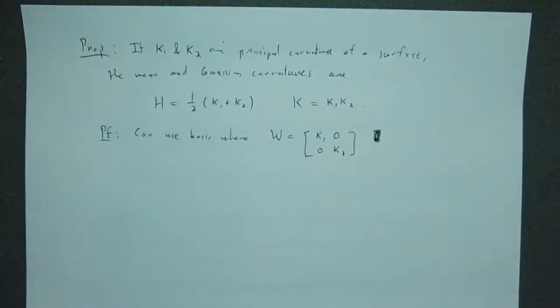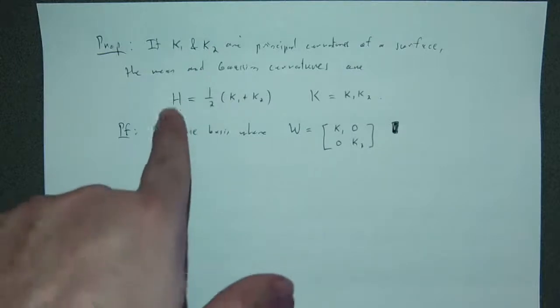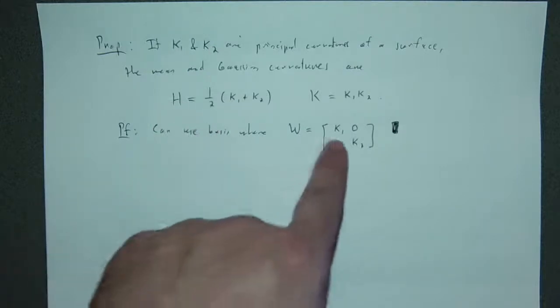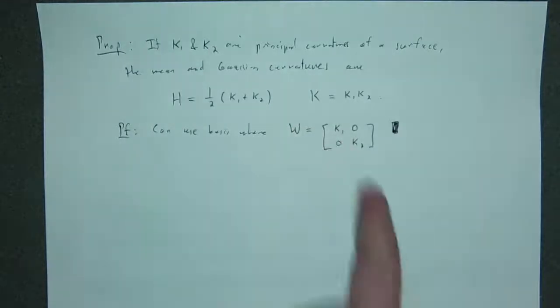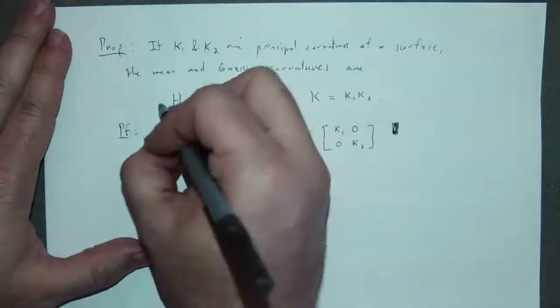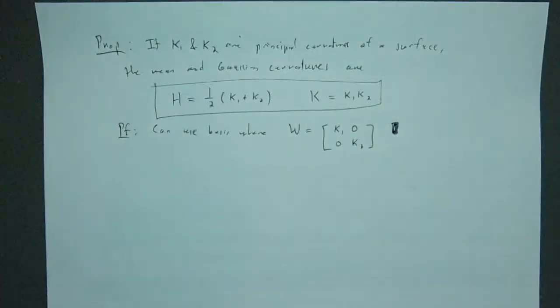We can use any basis we want to here, so why not use this one, where the Weingarten map is diagonalized? There's our principal curvatures. Of course, the mean curvature was defined as 1/2 the trace. Boom. The Gaussian curvature is the determinant. There it is. Okay. All right. So this is an extremely nice characterization of these two notions of curvature we have.